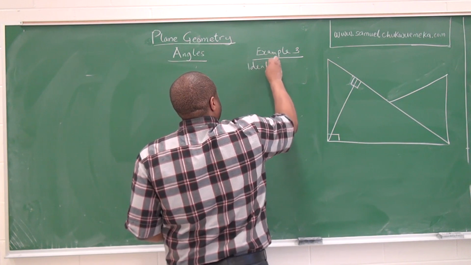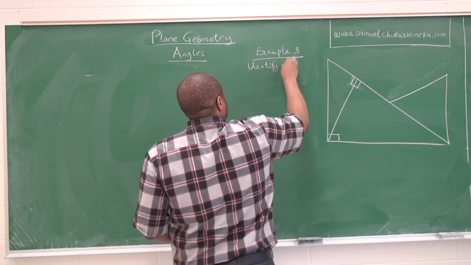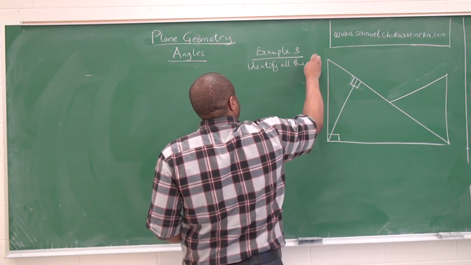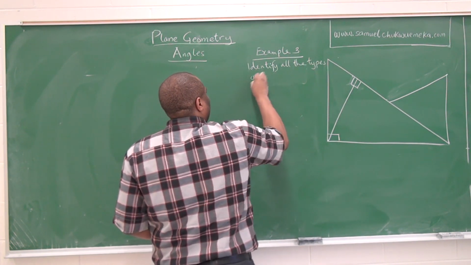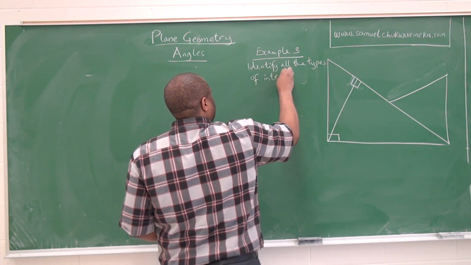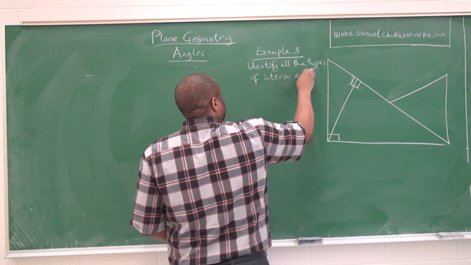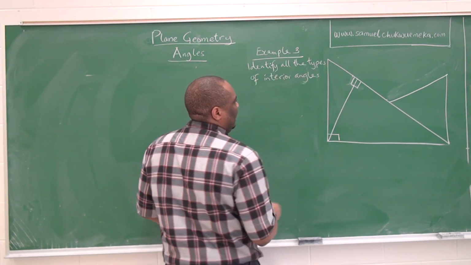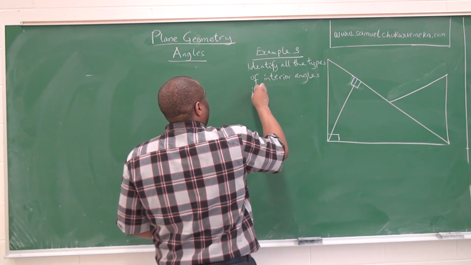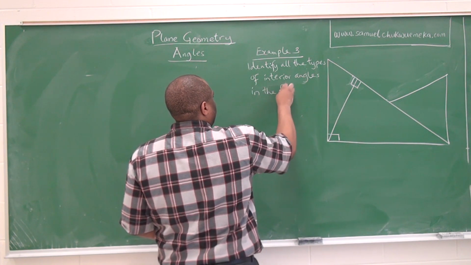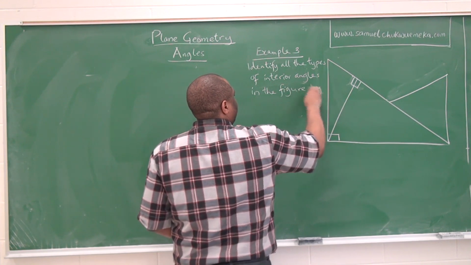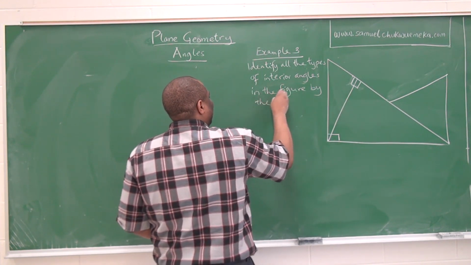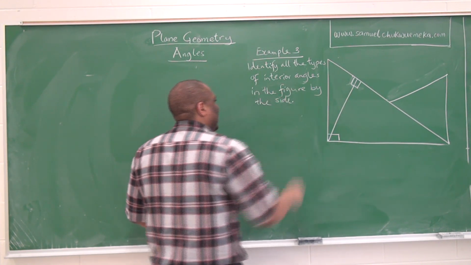Now, the question, example 3: identify all the types of interior angles in the figure by the side, not in the figure below, in the figure by the side.